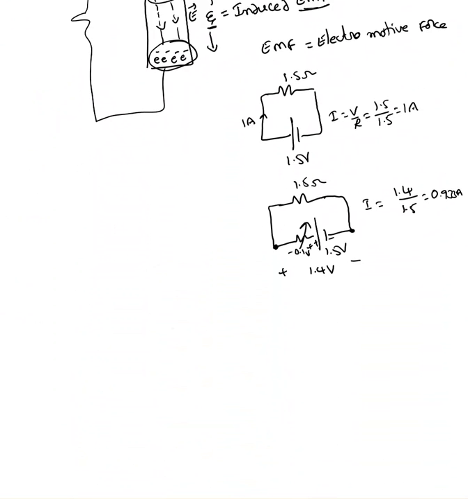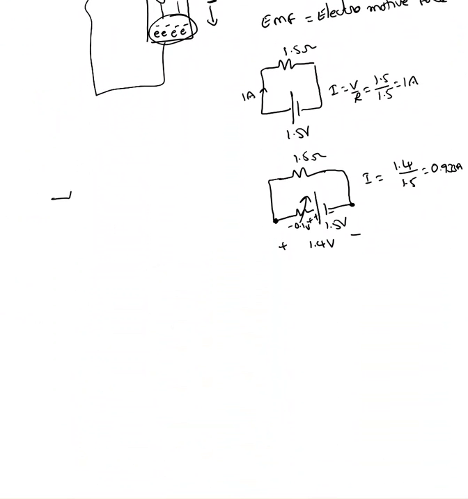Now instead of 1.5 ohm, if I connect a 0.15 ohm resistor, then if I don't have an internal resistance, it is supposed to supply 10 amperes. But in reality these batteries can supply only around 1.5 to 2 amperes. Assume it is 2 amperes. So basically this is a variable internal resistance.